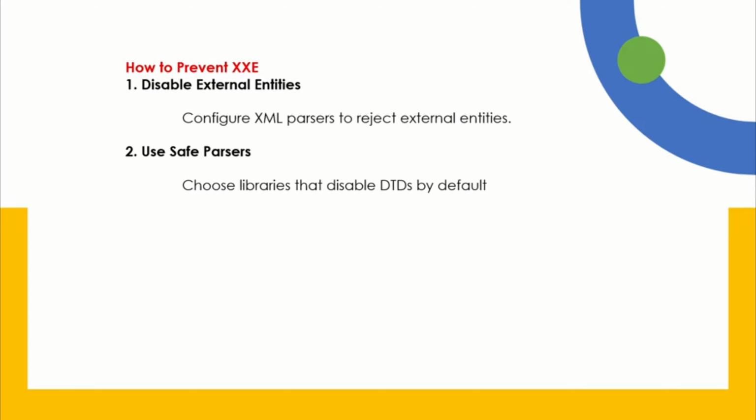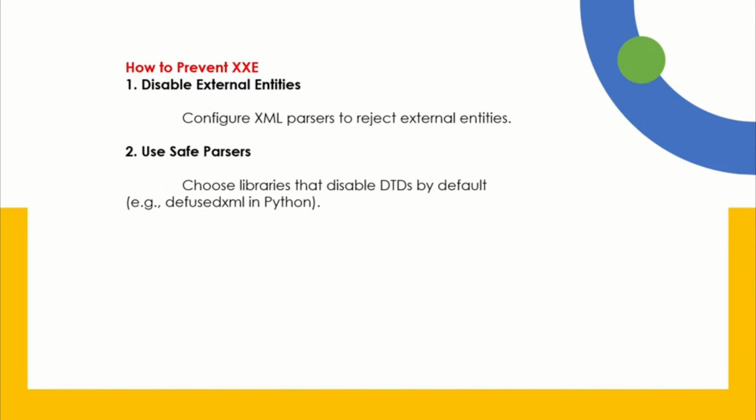Next, use safe parsers. Some XML parsers are built with security in mind, especially to block things like XXE and DoS attacks. These parsers automatically disable DTDs, block external entities, and detect recursive structures.